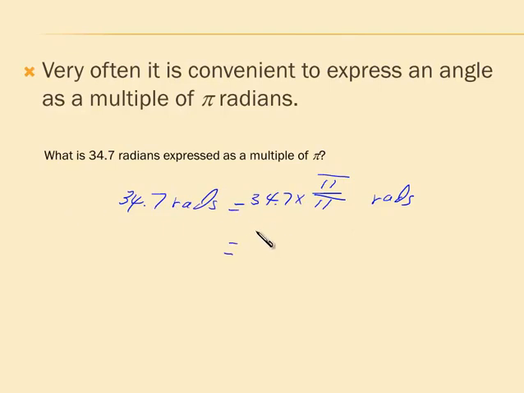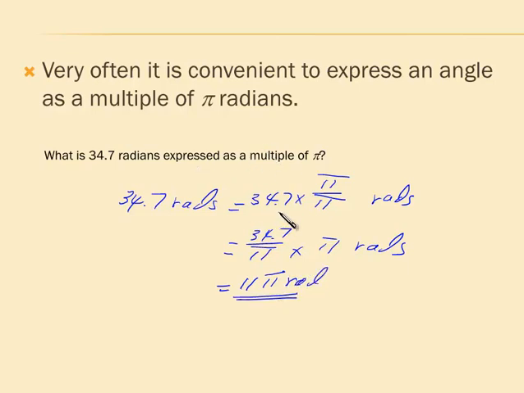Of course, I can rewrite this as 34.7 over pi times pi radians. And then I just say, well, 34.7 divided by 3.14. Or if you have this in your calculator, you just press the button. And so this gives us approximately 11 pi. And so you see what we do here.